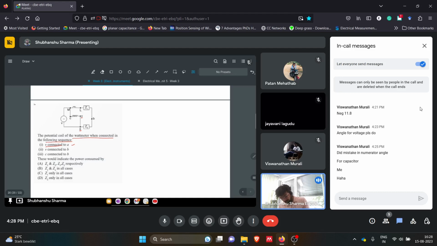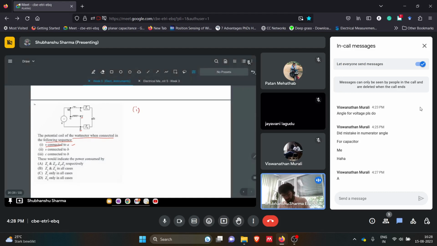In the first case, what will happen? The potential coil will be measuring the voltage across Z1 and Z2, so V_PC is VZ1 plus VZ2. What is the current through the current coil?